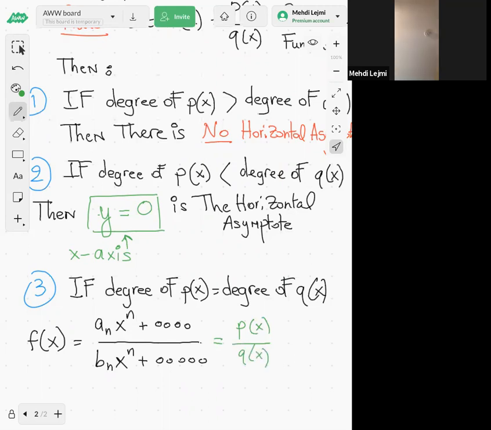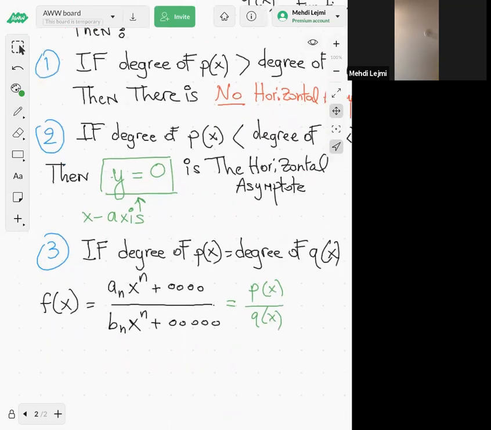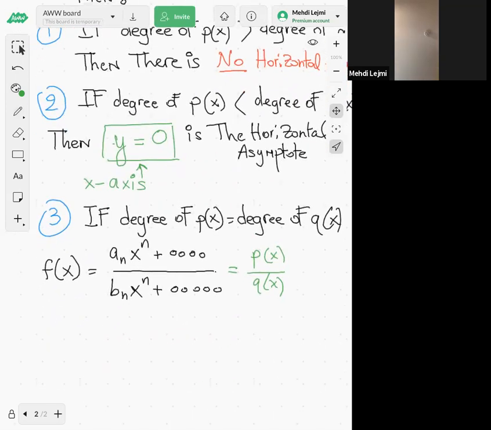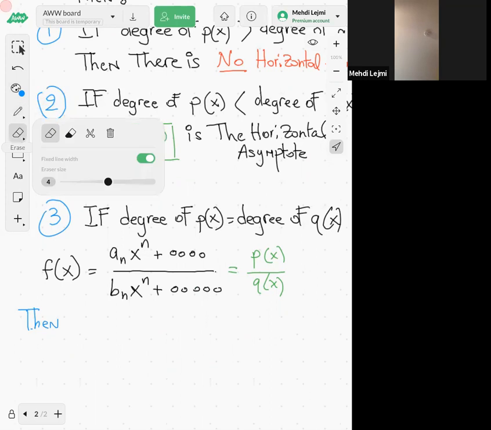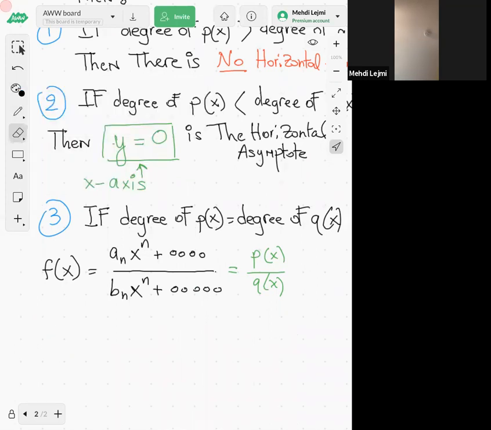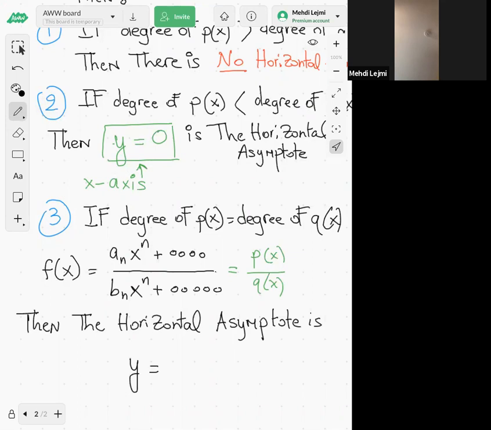Then the horizontal asymptote is going to be the ratio of the leading coefficients. The horizontal asymptote is y equals the leading coefficient in the top over the leading coefficient in the bottom.